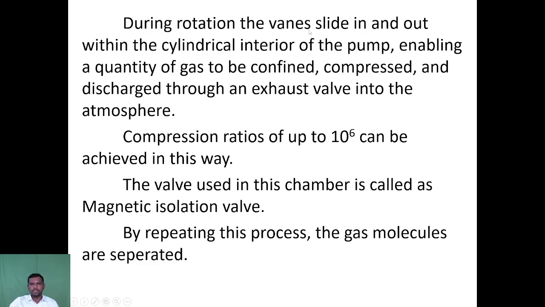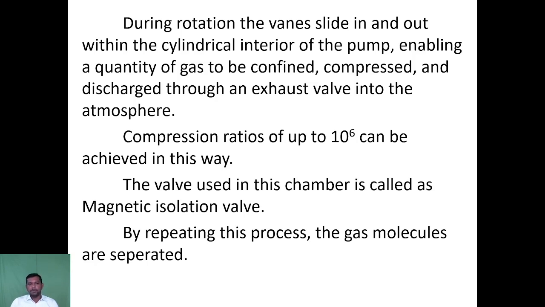The gas enters the chamber, where it is compressed and then discharged through an exhaust valve into the atmosphere. Here compression ratios of the rotary vane pump of up to 10 power 6 can be achieved.